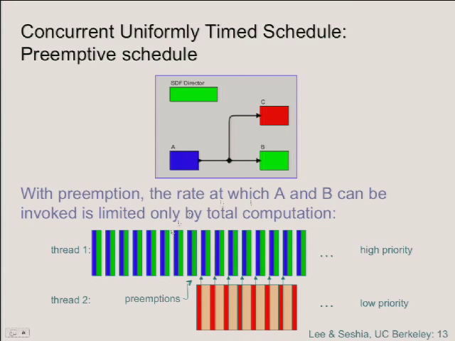Why don't I put A and B in separate threads? Why not have three threads? Yeah, Apurva. Right, I need to finish A before I do B, so it would seem like there wouldn't really be any particular advantage to using a separate thread. However, if this is genuinely data flow, okay, there's no reason why you couldn't pipeline this.